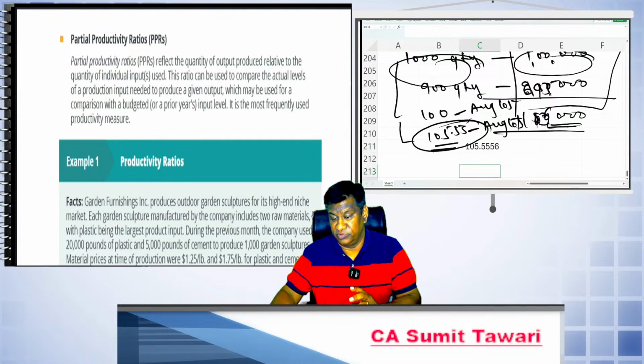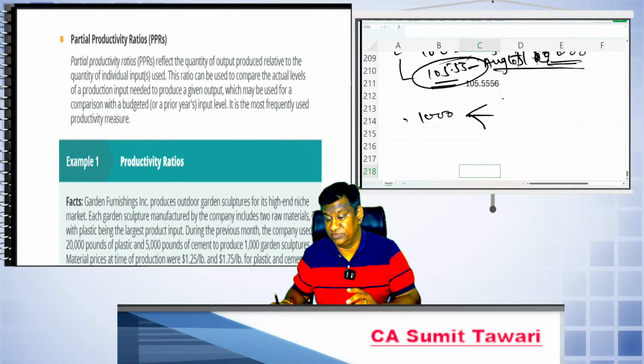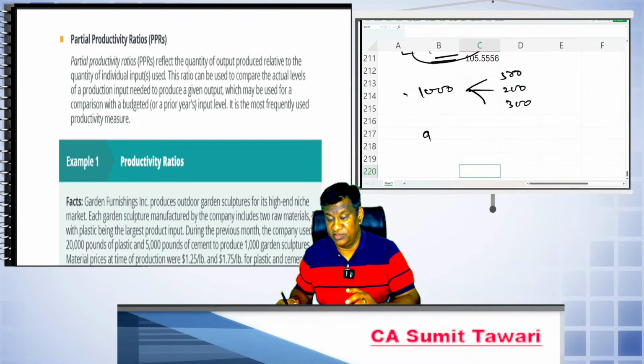Not amount. Like for production of 1000 quantity, you may need 3 materials, which are 500, 200 and 300. But when you produce 900 quantity, you are using 500, but this is 300 and this is 400.